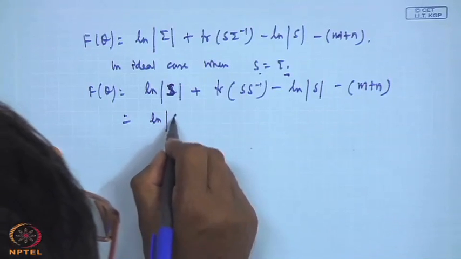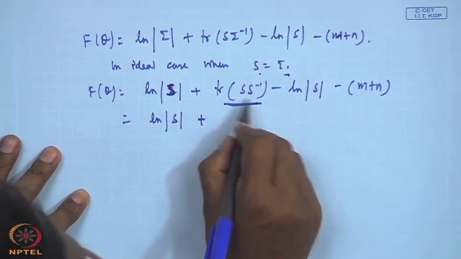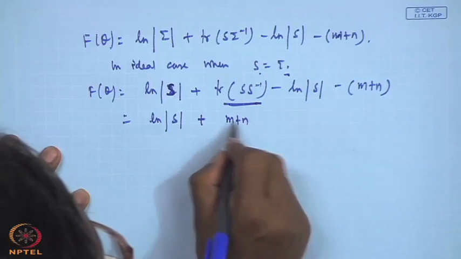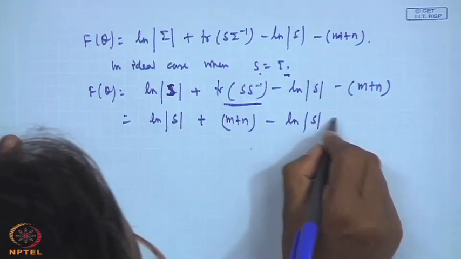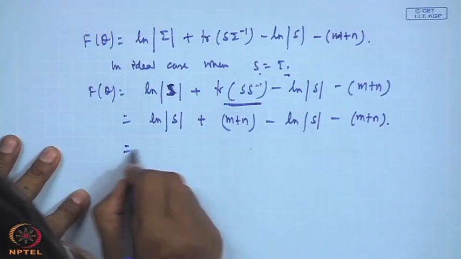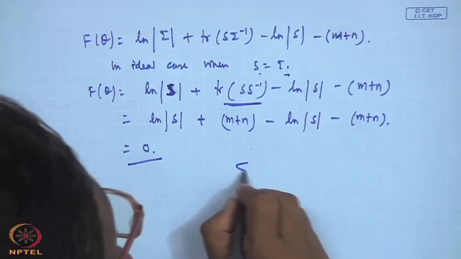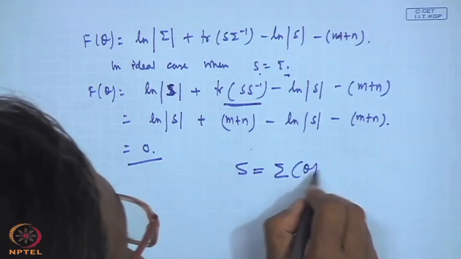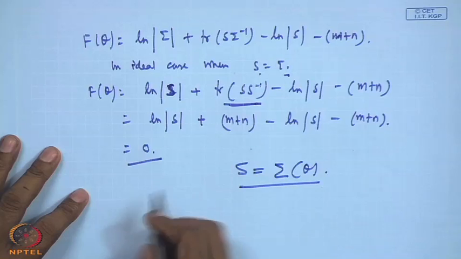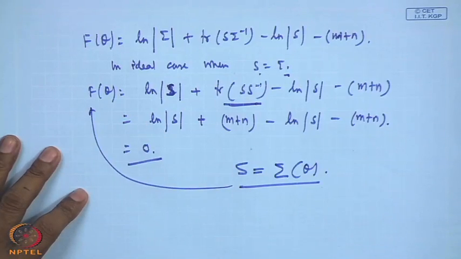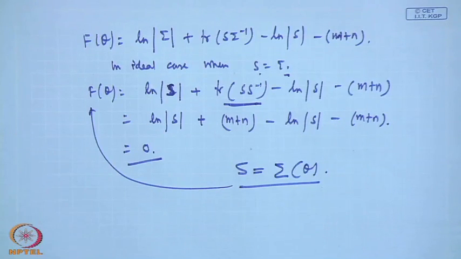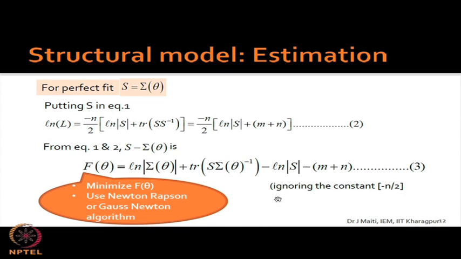So, this is log of determinant of S plus this is trace of I, which is nothing but m plus n, minus log of determinant of S minus m plus n, this equals 0. So, when S is perfectly matching with this, then my fit function becomes 0. The same principle we have adopted in the earlier case also. Okay, you see log of this plus this plus this. So, this is my fit function.